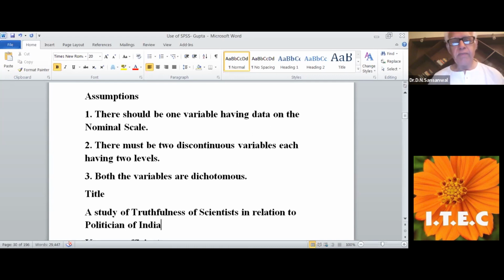Or you can say politicians of Punjab or Haryana or anything, no problem at all, of say Madhya Pradesh.